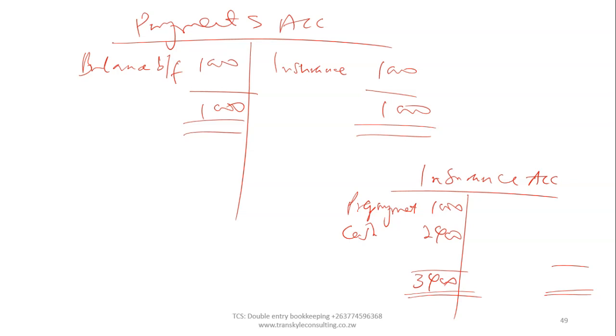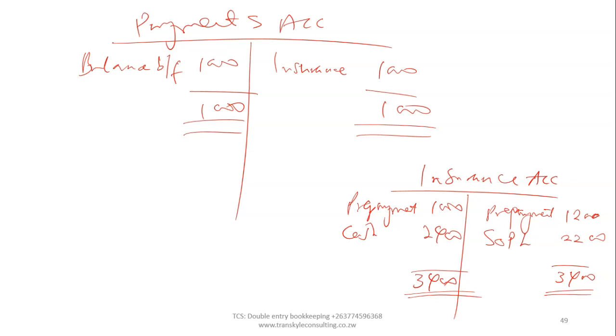So we just divide by 2, and we can say that the prepayment was 1,200. Okay. Then the balance is the transfer to the profit or loss of 2,200.